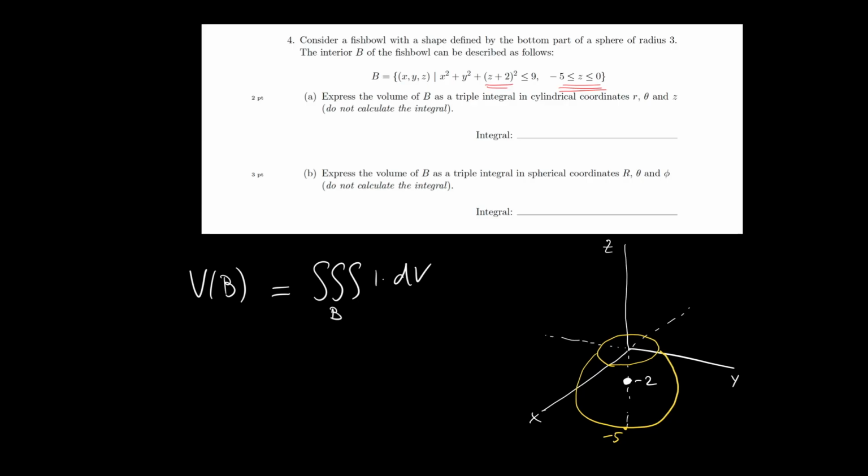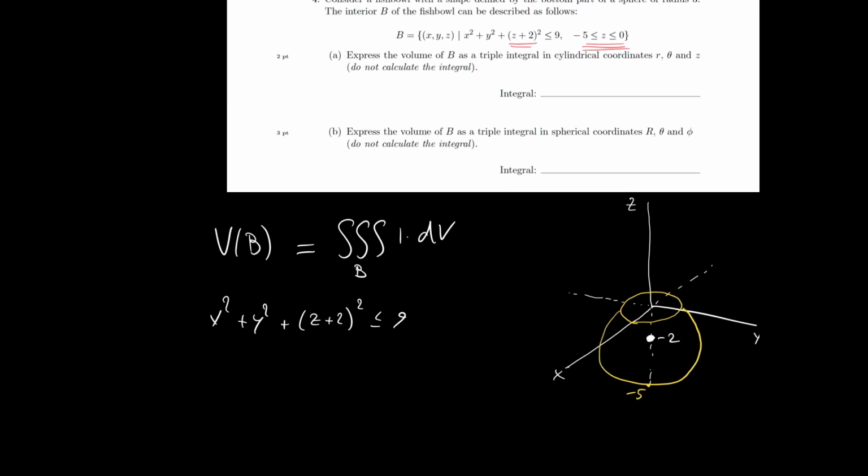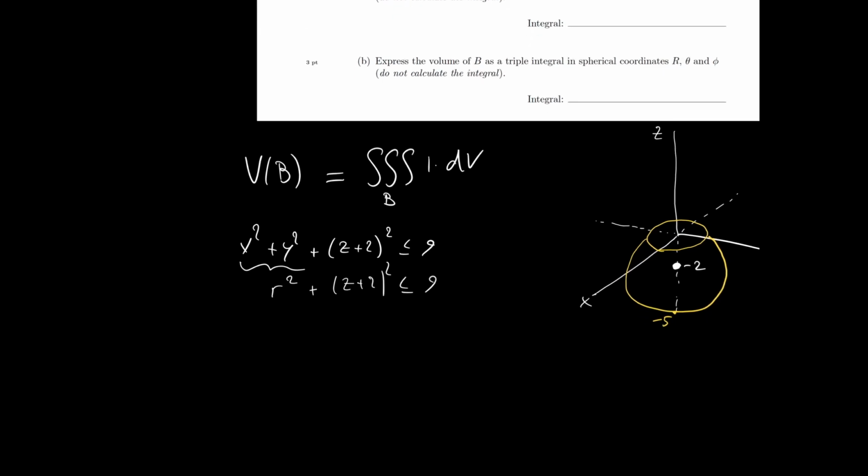Now, if you want to express this as an integral over cylindrical coordinates, then let's start with that description. What we see here is that x squared plus y squared plus (z plus 2) squared has to be less than 9. Which means that in cylindrical coordinates we get r squared plus (z plus 2) squared is less than 9. And then we can work that out for r and see what that implies for r as a function of z.